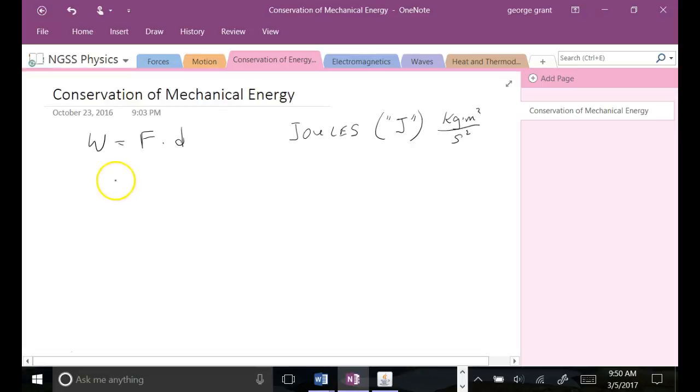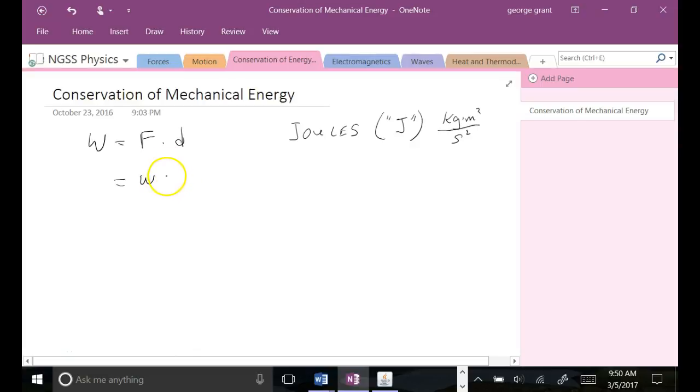So what we'll do first is we'll take the force, and the force we're concerned about, since this is mechanical energy, we're going to get to gravitational potential energy first. And since gravity works up and down, of course the force we're interested in is the weight. And keep in mind that's a lowercase w for weight.